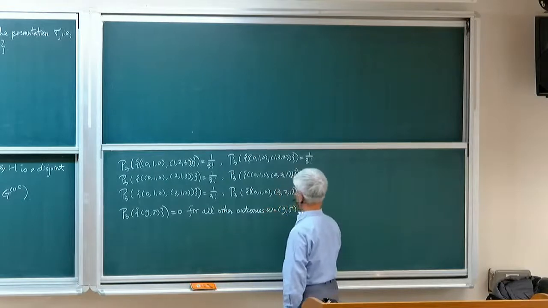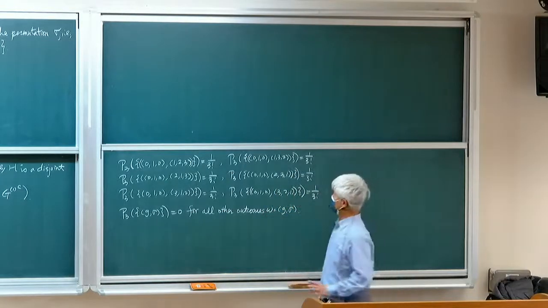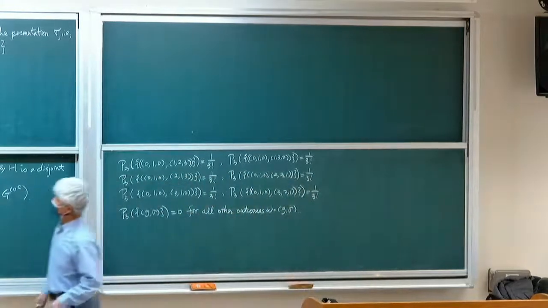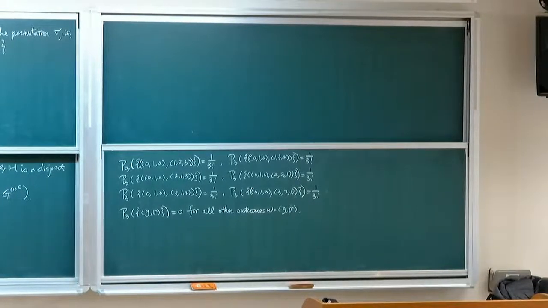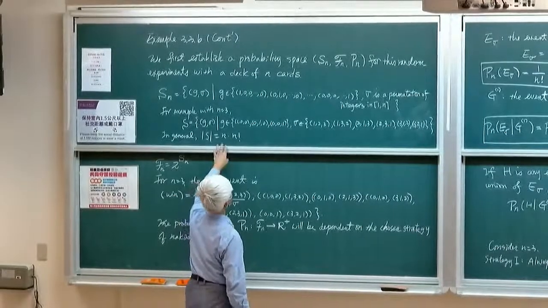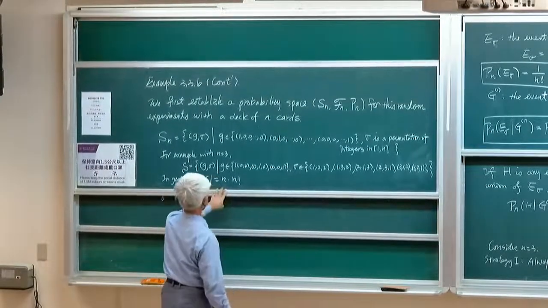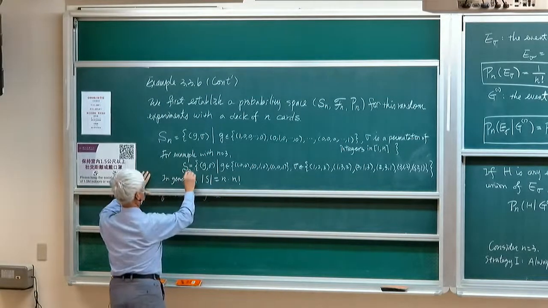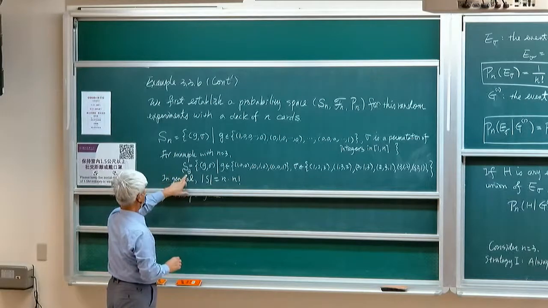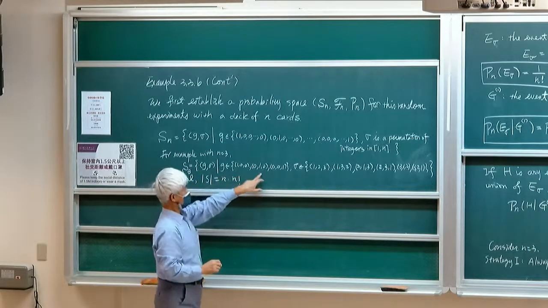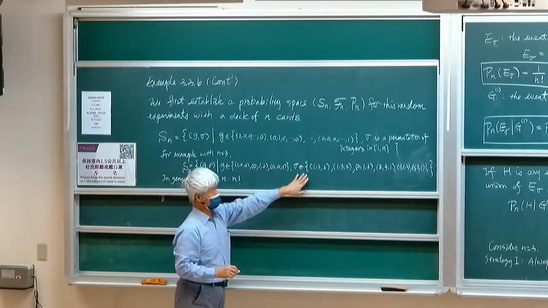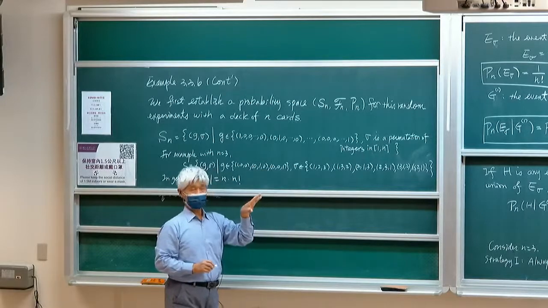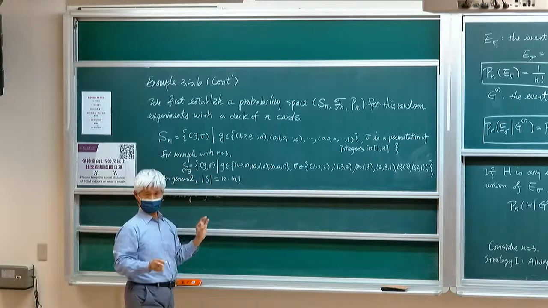I'm sorry, I forgot to put the 3 in here: we have 3 times 6 is 18, so we have 18 possible outcomes.